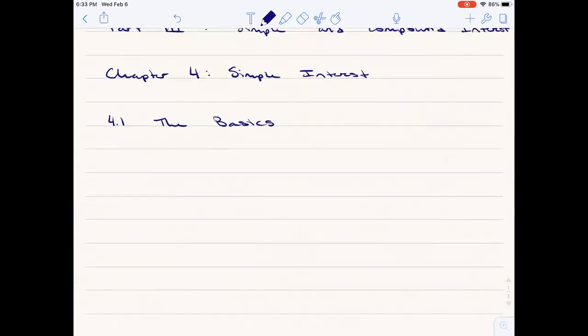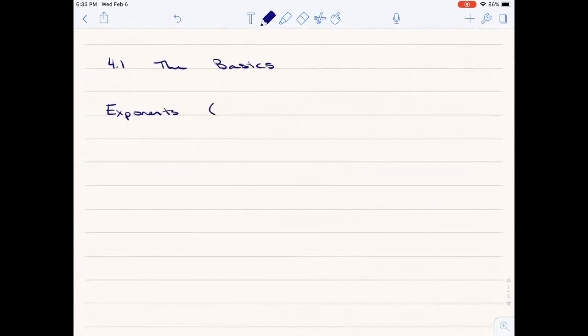So we'll start with exponents. We've already dealt with some exponents. So exponents are just powers. For example, if you have something like a times a times a times a, and there's n a's, you can rewrite that as a to the power of n.